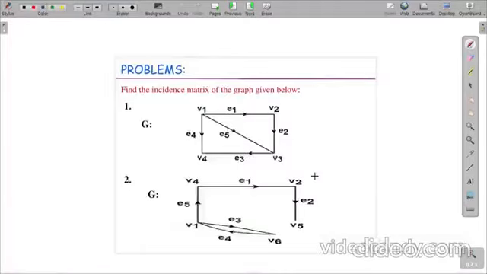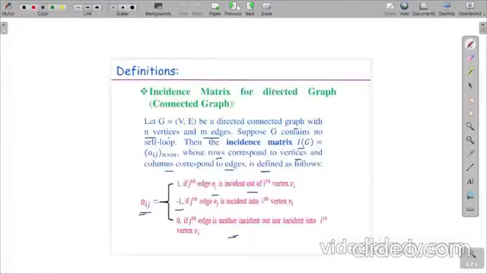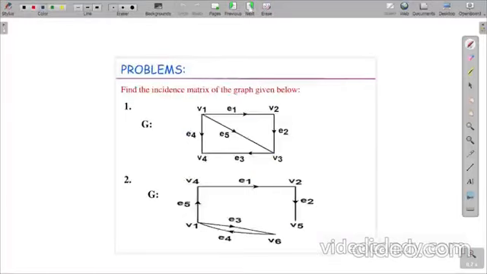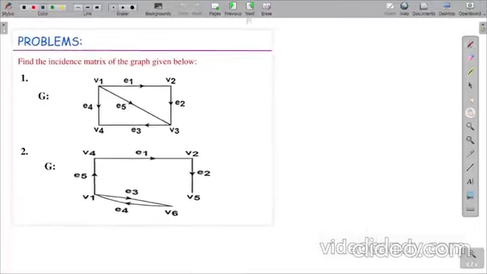Next, we have this graph. We can easily draw its matrix, I of G. The vertices are V1, V2, V3 and V4.